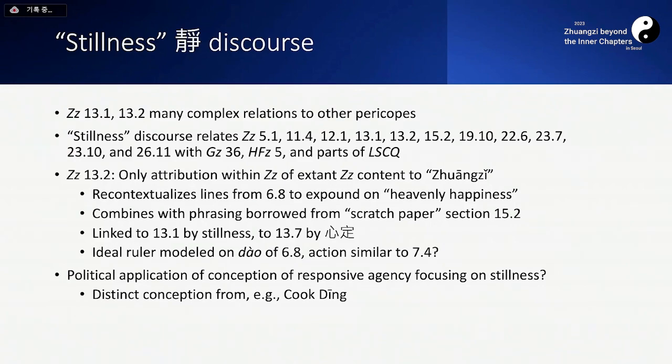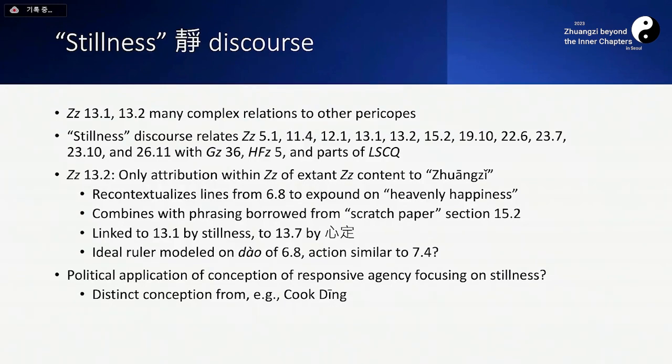So that's pretty interesting. Now, in its immediate context here, 13.2, those sentences are recontextualized to offer an exposition of heavenly happiness that bears no relation whatsoever to the content of 6.8. And that notion of heavenly happiness is then tied to material taken from section 15.2, which I consider a scratch paper section, a scratch pad section of the corpus.